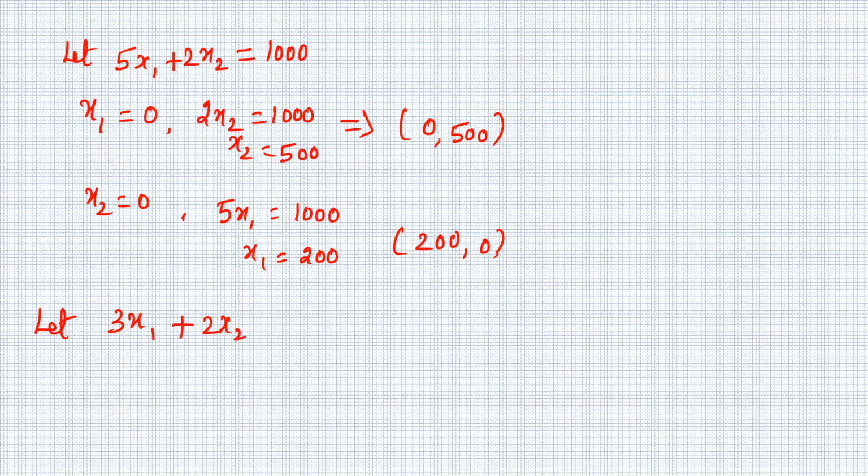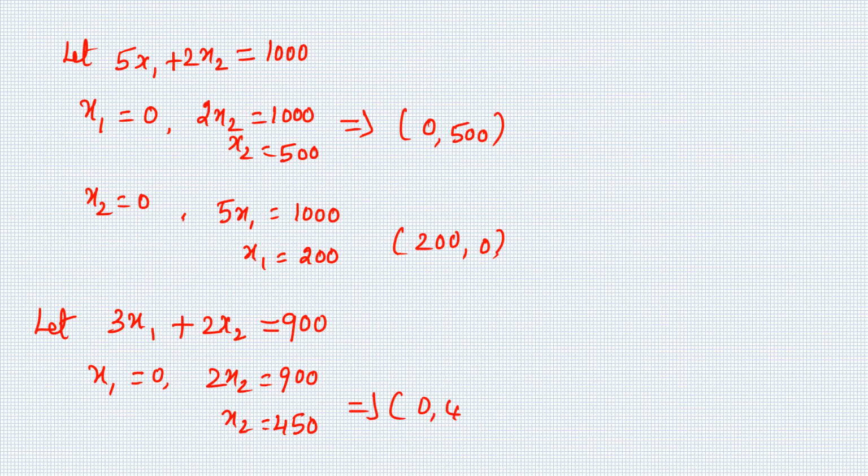Similarly, we will find the next points by considering the second equation, 3x1 plus 2x2. There is an inequality, but to draw the line we take it as equal to 900. Same way here, x1 is 0, our x2 is 450, so the coordinates are (0, 450).